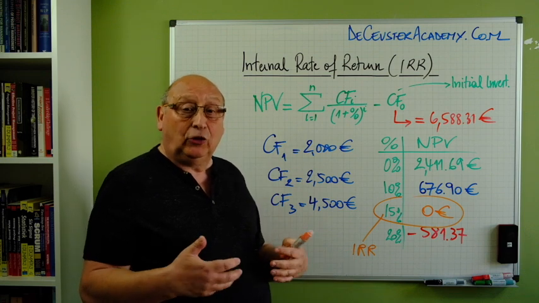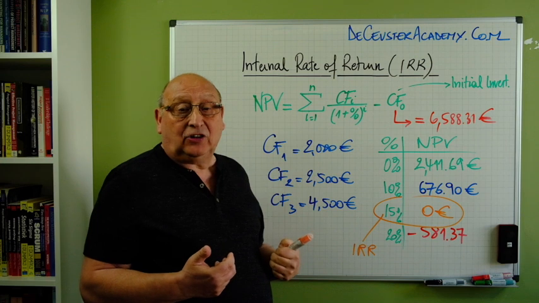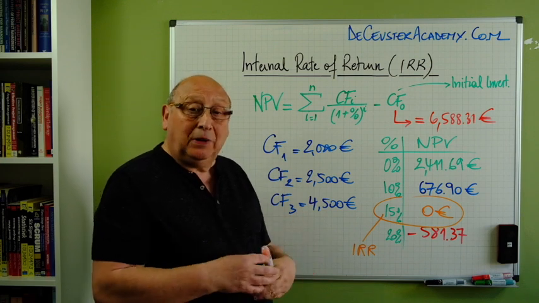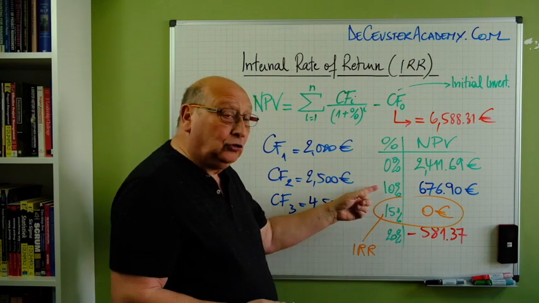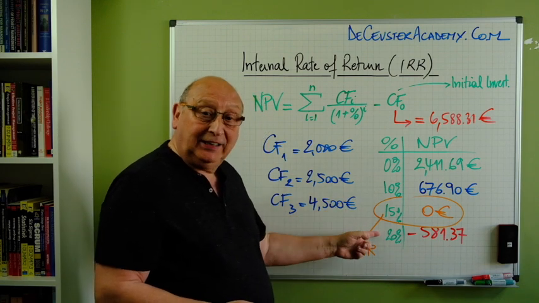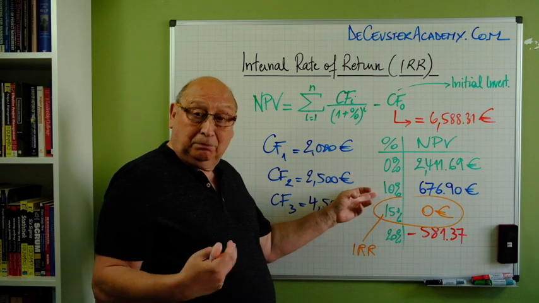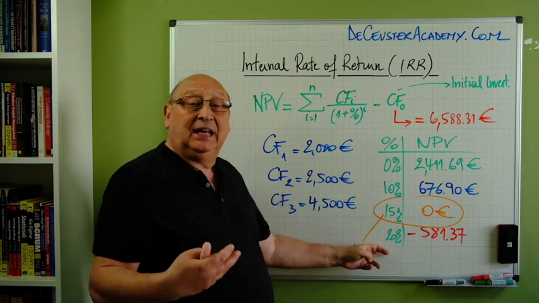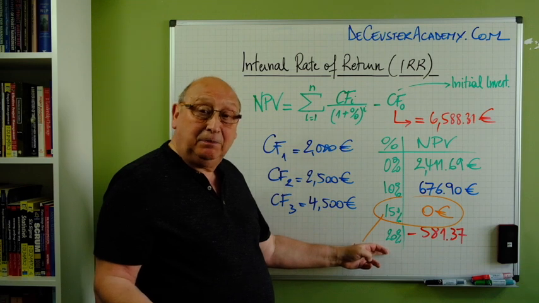Basically, we try for more discount rates, and we have a method where we estimate always by taking the average of the two discount rates, where the first one gives us a positive NPV, and the second one gives us a negative NPV.